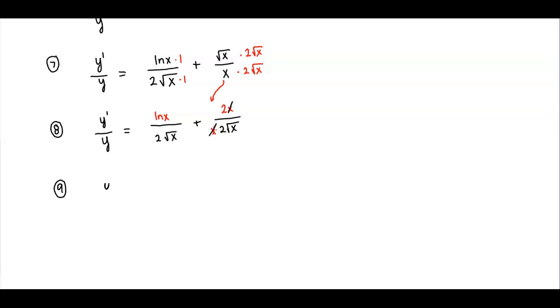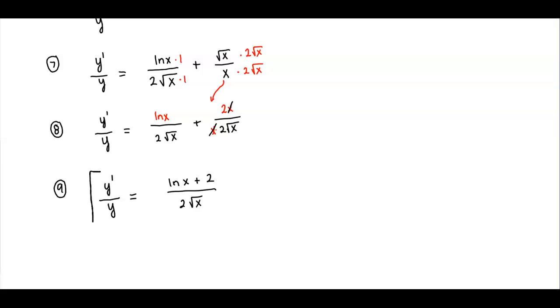So we have y prime over y, which is equal to the natural log of x plus 2 divided by 2 times the square root of x.